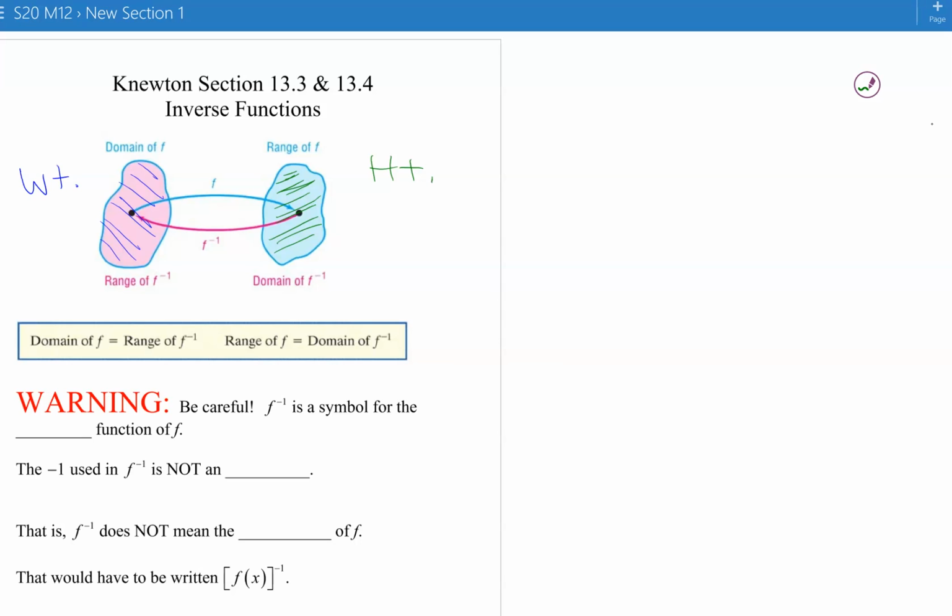And so if the f function says, if I know your weight, I can model your height, and the f inverse function says, if I know your height, I can model your weight. So even though they're all numbers, they're very different kinds of numbers. The numbers in the pink blob could be pounds, and the numbers in the blue blob could be inches.